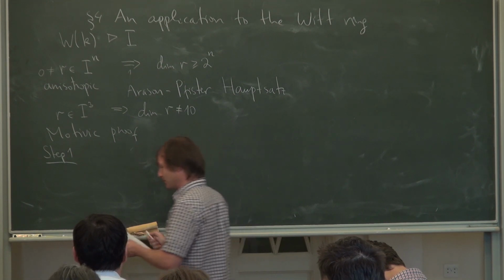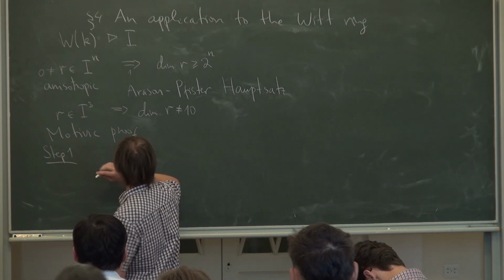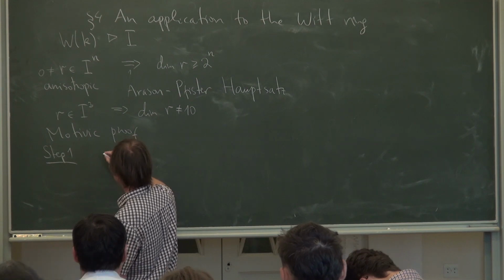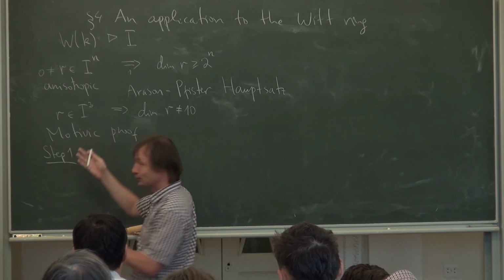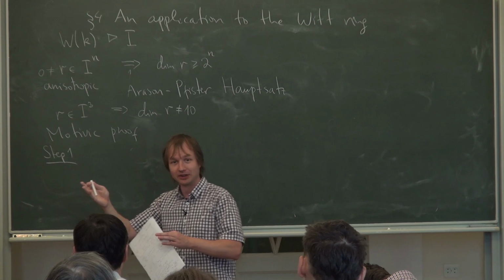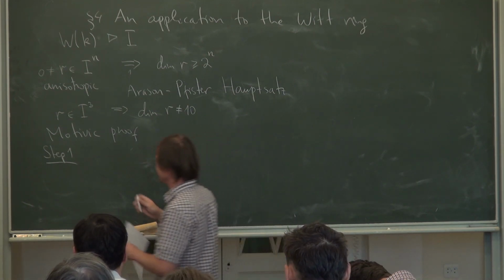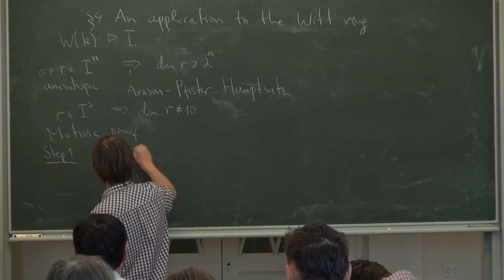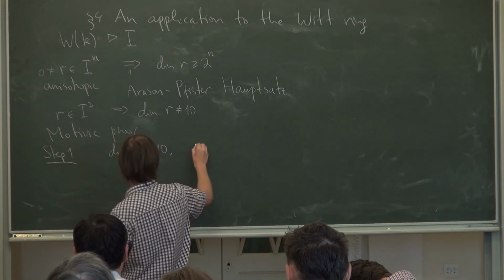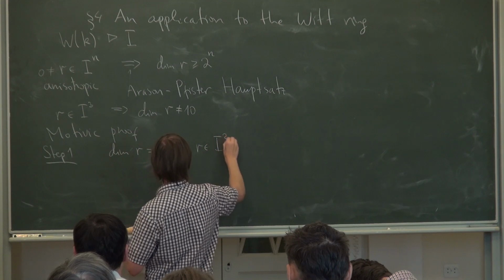So let us forget about dimension 10 for a moment. First of all, assume there is a 10-dimensional form in I cube, just as a starting point. So the dimension of the form is 10, it is from I cube and is anisotropic.